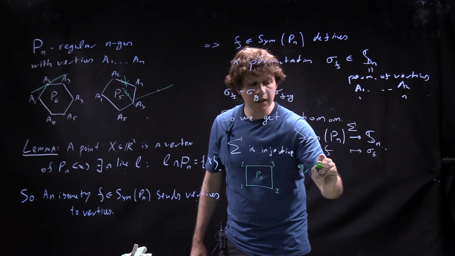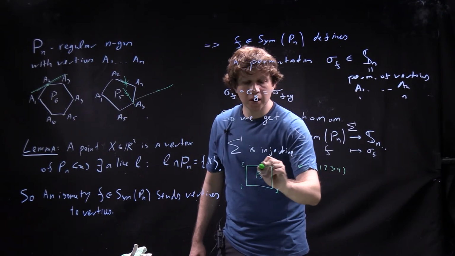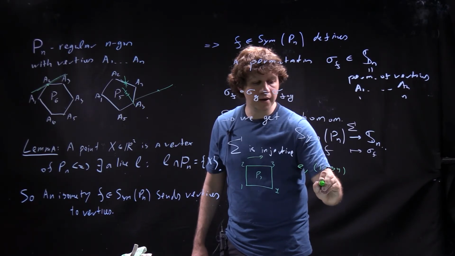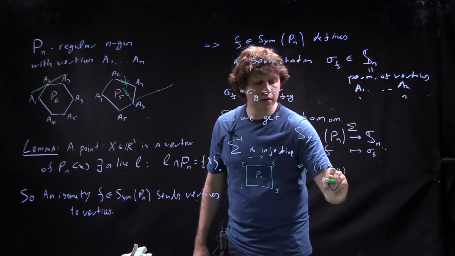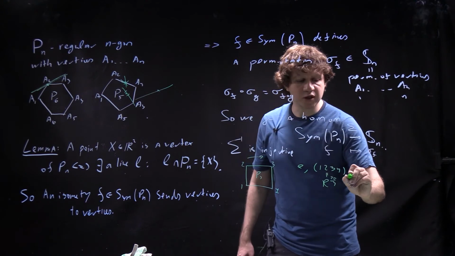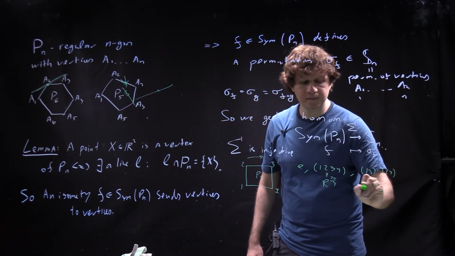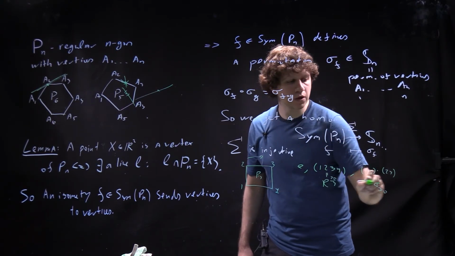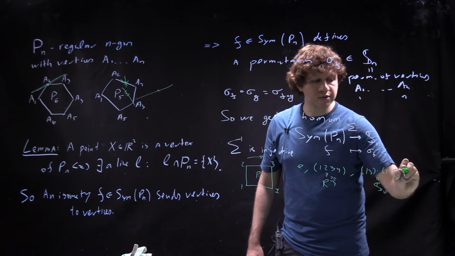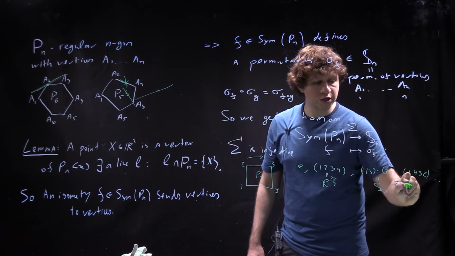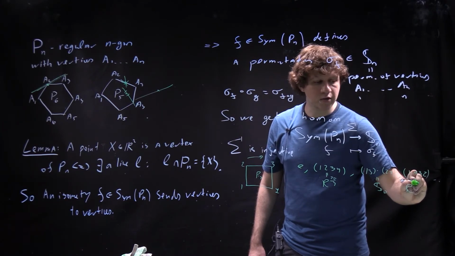Identity, cycle (1 2 3 4), corresponding to a rotation by 2 pi over 4, and then there is the permutation which exchanges 1 with 3 and 2 with 4, which is a central symmetry, center O, and finally there is another cycle (1 4 3 2), which is a rotation by 3 pi over 4.